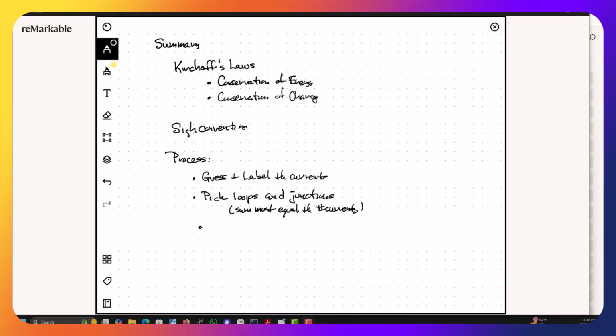And then apply Kirchhoff's laws to the loops and junctions and solve. Welcome to circuits. So we'll do circuits that are more complicated than a single loop, but we'll try to keep the algebra manageable.